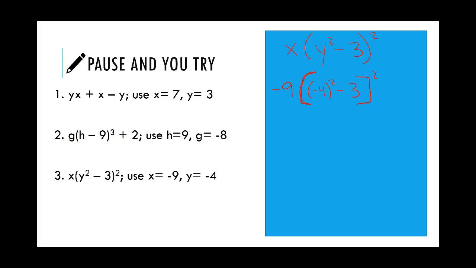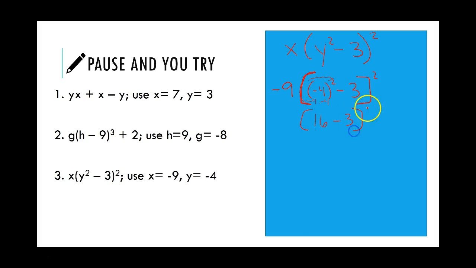All right, so I'm going to do this exponent right here first. So because there's parentheses, there has to be parentheses. That's -4 times -4, which is a positive 16.